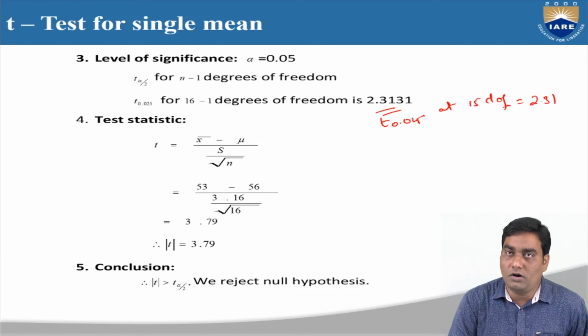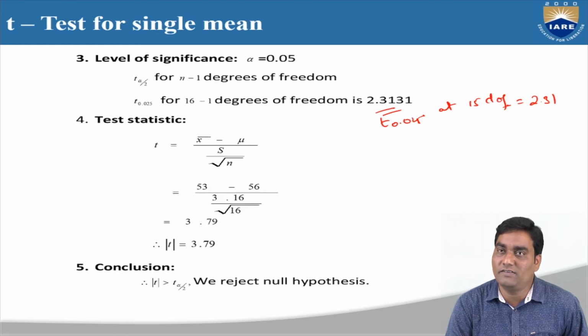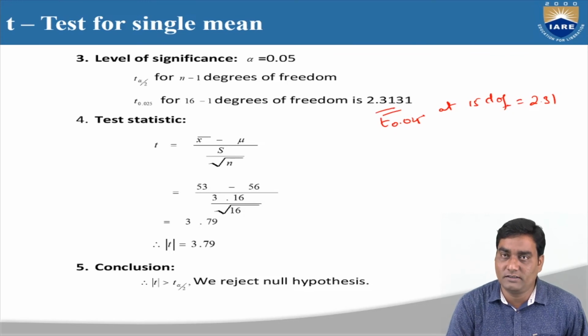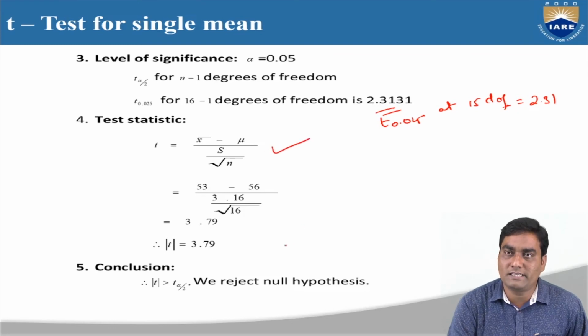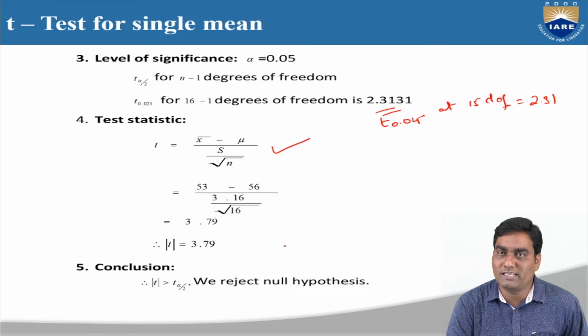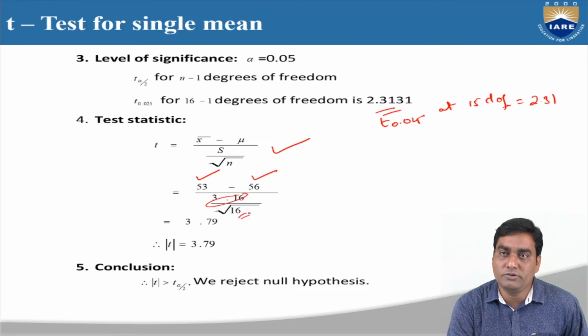Now after getting the tabulated value from the t distribution table, we should find out the calculated value of t in step 4, which is test statistic. The formula for t-test for single mean: t equal to x bar minus mu by s by root n. The x bar value we know, which is 53, and the mu value we know from the description of the problem, 56, and s we also got as 3.16, and n equal to 16.